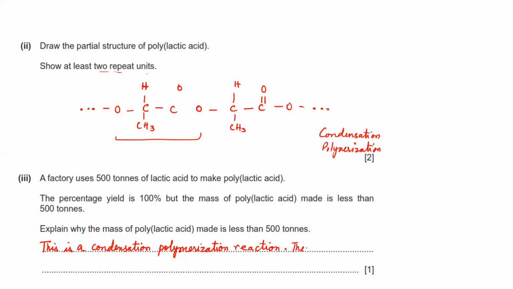There will be, you can say, a small molecule formed as a byproduct of this reaction. Okay, so that is the only reason why you don't get the complete 100% or the 500 tons of polylactic acid as a result of polymerization of this compound.